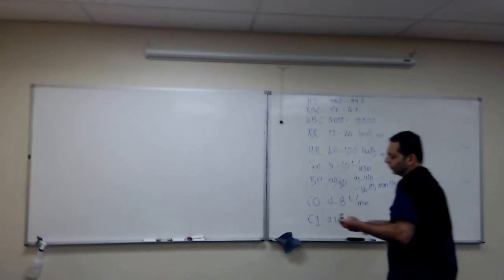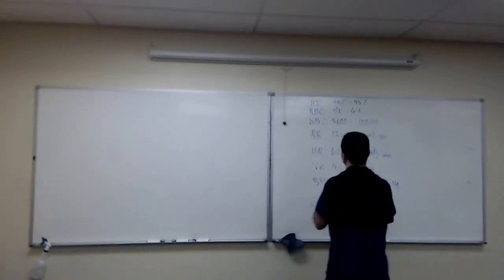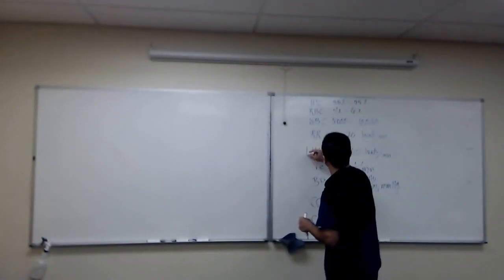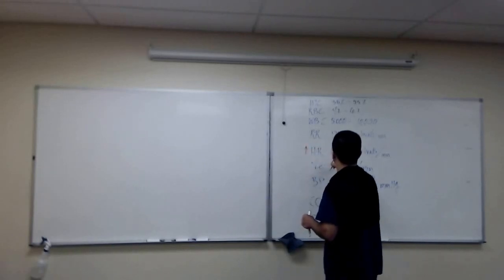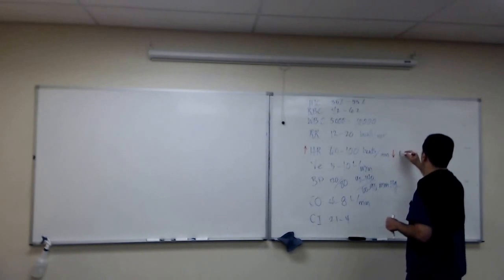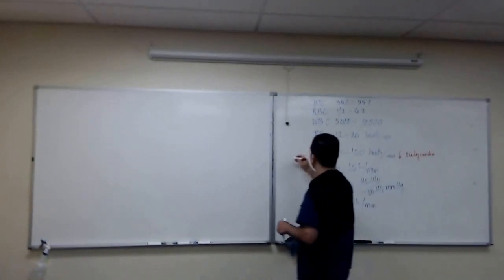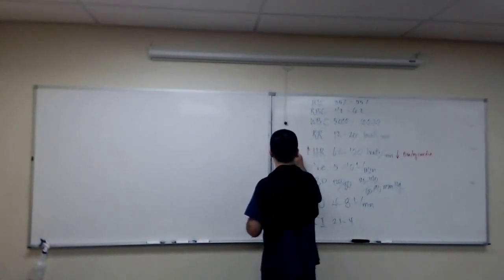So what we said yesterday was that, for example, let's say heart rate is up or heart rate is down. When it's down, you're talking about bradycardia. When it's high, you're talking about tachycardia.